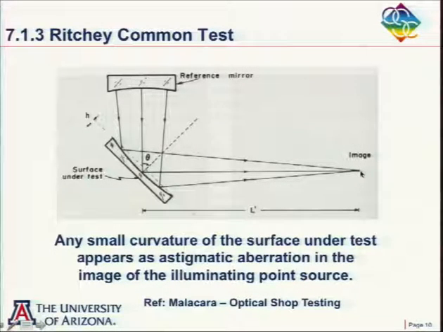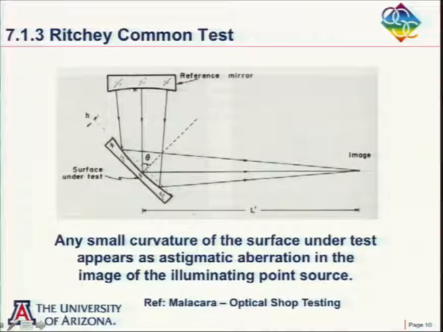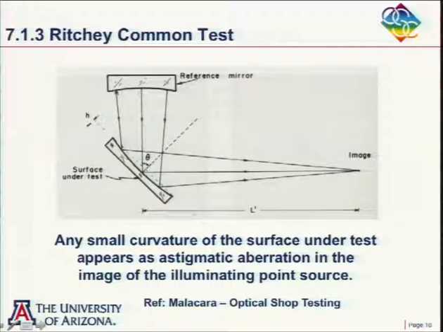So anyway, we'll put a point source there, and we'll reflect the light off of my flat, it's supposed to be a flat, up to a sphere, and then back again into here.